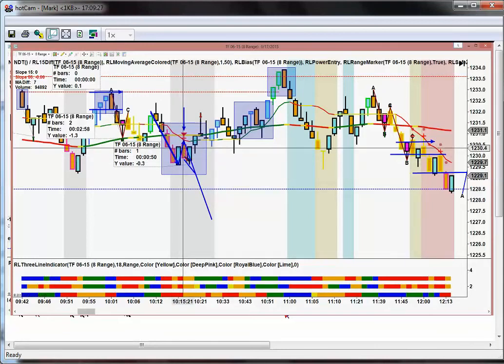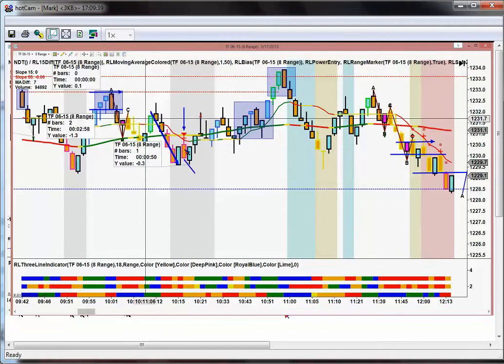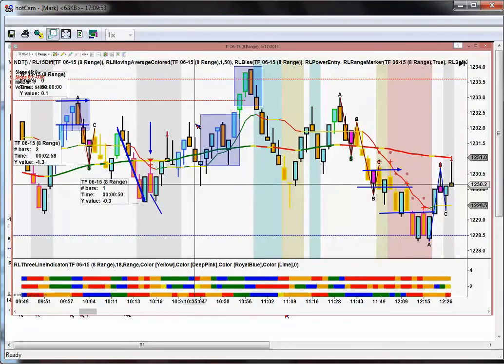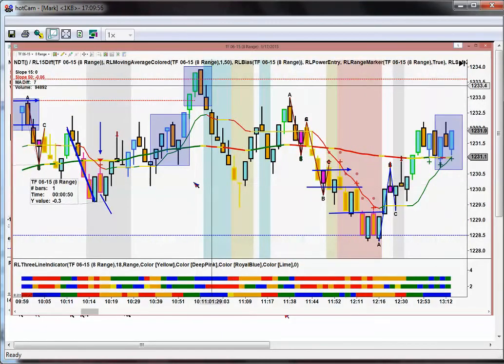Now, the only thing wrong with this move to the downside is the candle's not engulfing, but if you look at the candle itself, it's got a significant amount of candle body. So this could be a trade where you took a loser. On the break, retracement, retest of resistance to the upside, it fails. Order flow and momentum confirm, background bias confirm, and you go nowhere.